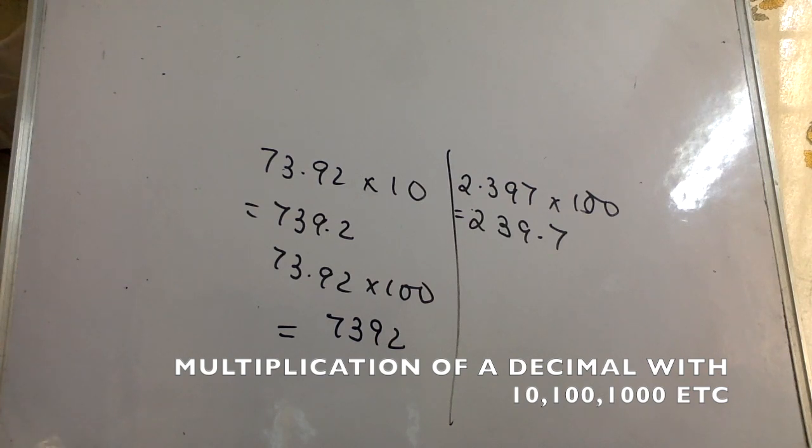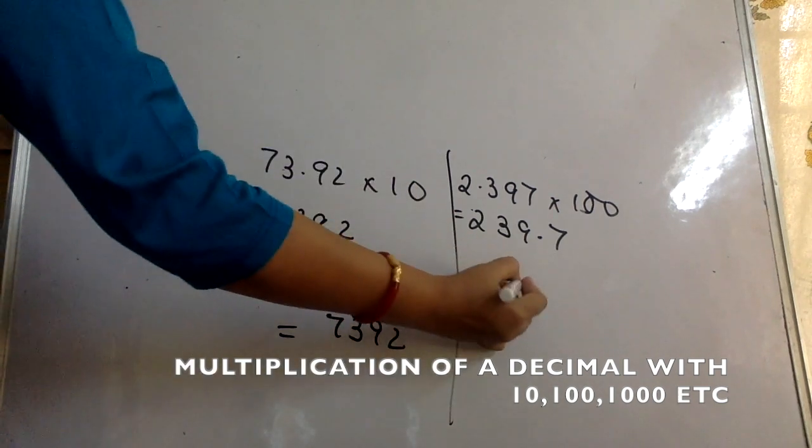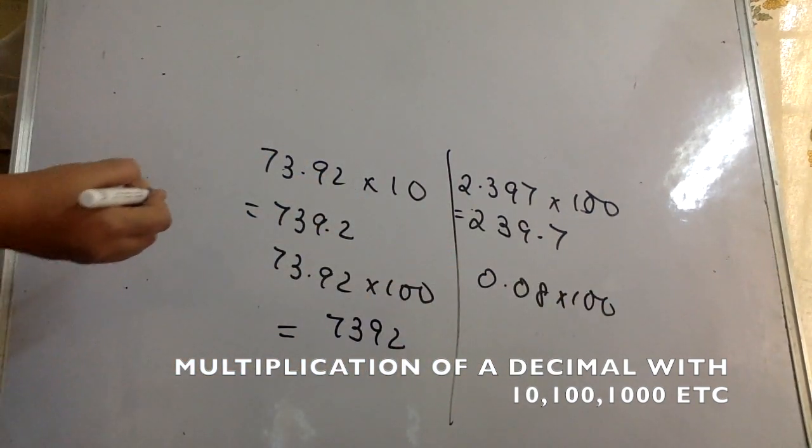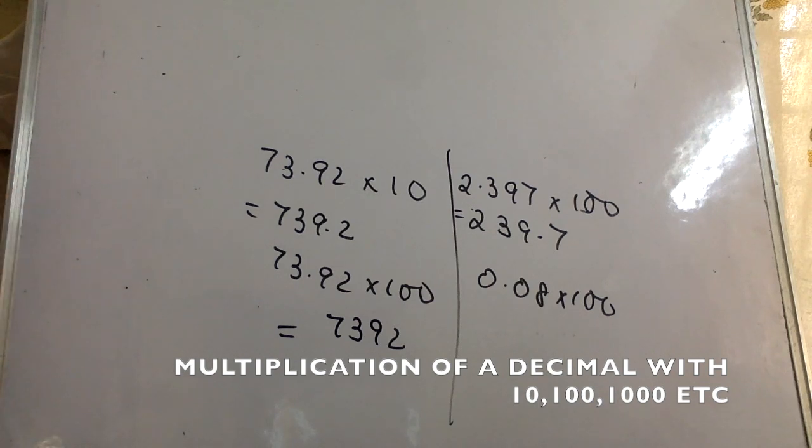Now let me take up another question, where we have 0.08 into 100. What do we do here?